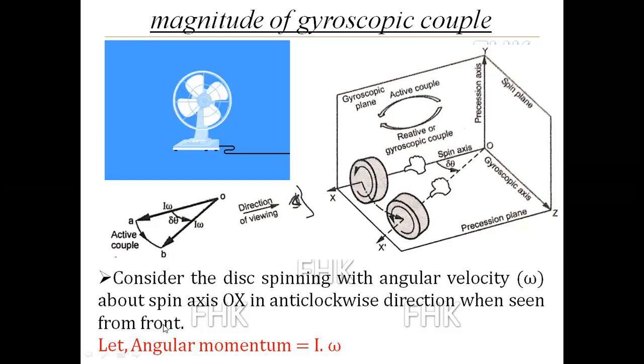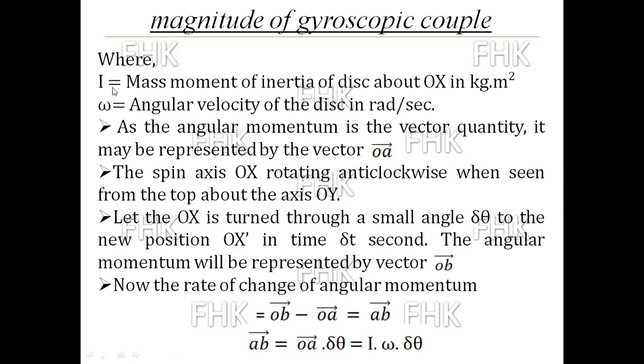When seen from the front, let the angular momentum be I into omega, where I is the mass moment of inertia about OX in kg meter square, and omega is the angular velocity in radian per second.